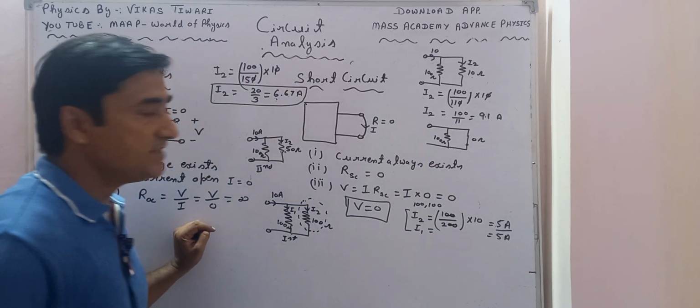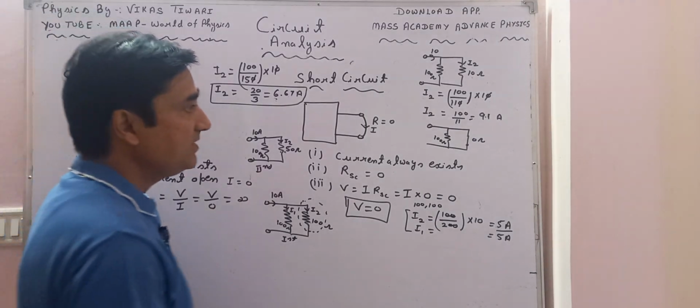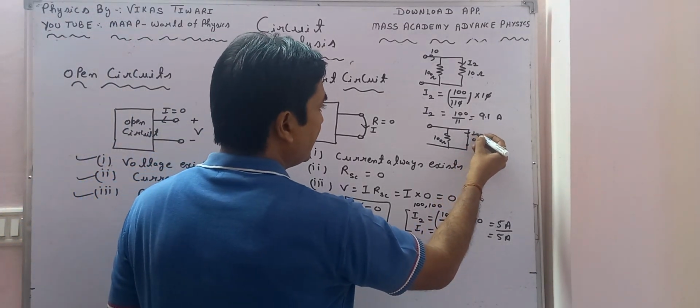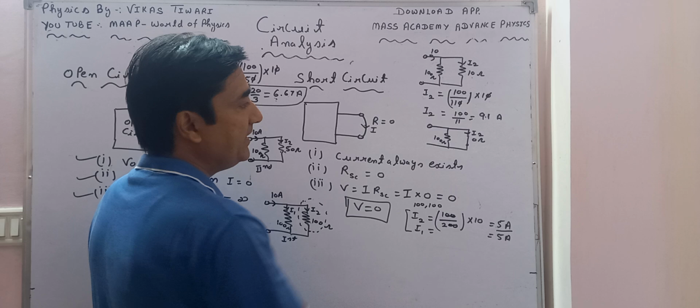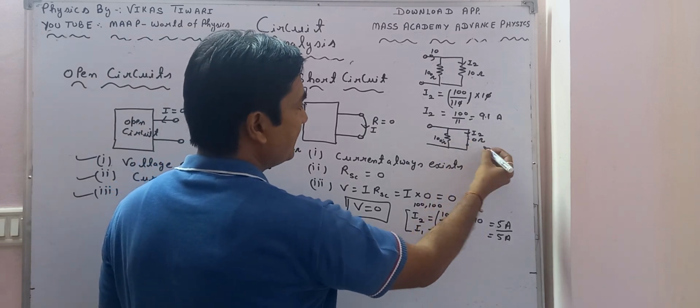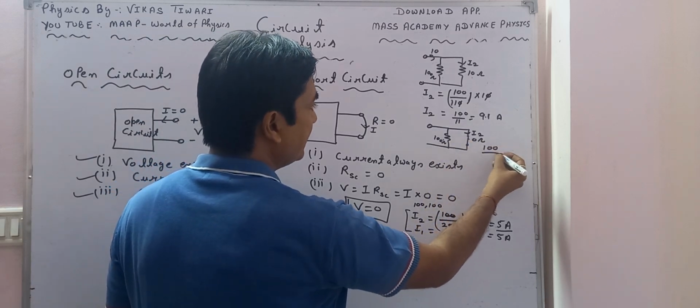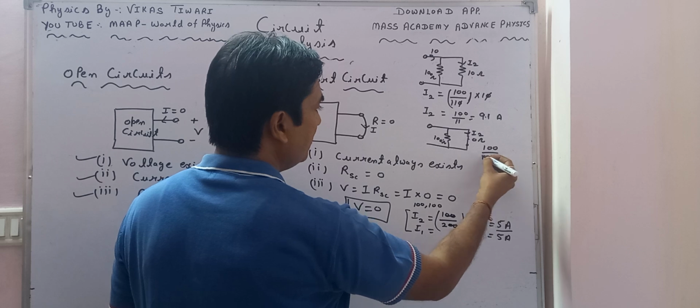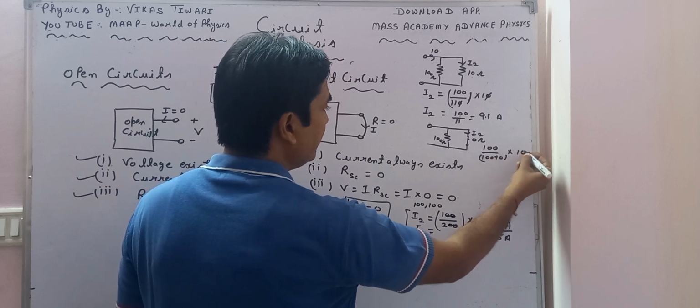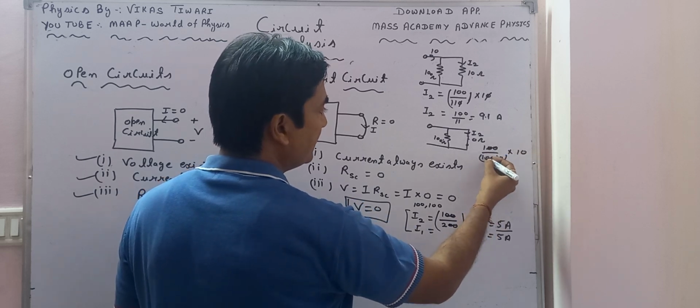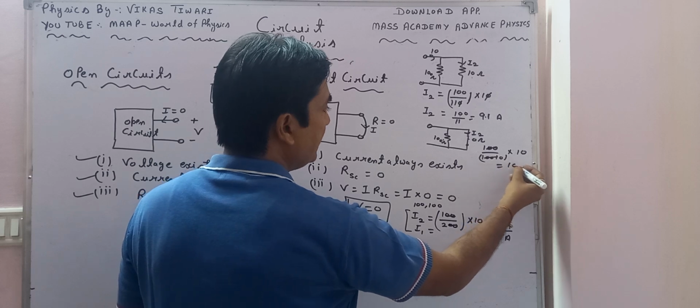What is the value of current I2? The resistance in front of this is 100, so 100 upon 100 plus 0, into the total current of 10 ampere. The value is equal to 10 ampere.